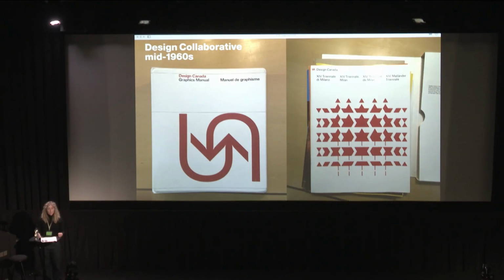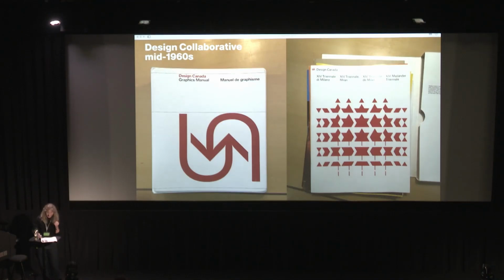The arrival of European immigrants brought modern design influence to Quebec, particularly those associated with International Style and Swiss Style. Here we see the work of Design Collaborative, founded by Rolf Harder, a German, and Ernst Roch from Yugoslavia.